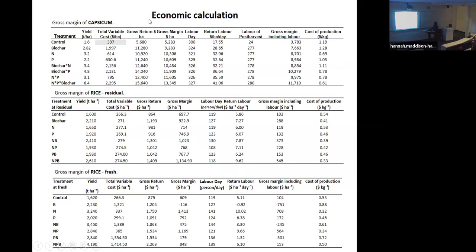This one is the last one, gross margin economy analysis.